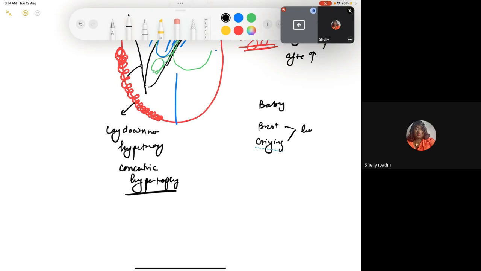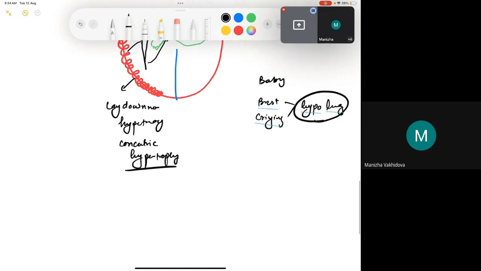That's going to make a hypoxic environment in the lungs. Am I right? Yeah. And we discussed that whenever we have hypoxia within the lungs, it leads to vasoconstriction of the blood vessels there, in order to shunt the blood towards more ventilated areas to get oxygenated. Is it clear?